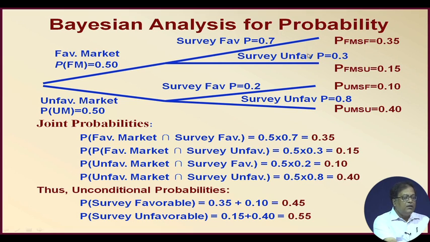Now, if we take out the survey favorable cases, there are two survey favorable cases, one is FMSF and UMSF. If you add these two, that is P(FMSF) plus P(UMSF), that is 0.35 plus 0.1, that is what is known as the unconditional probability.